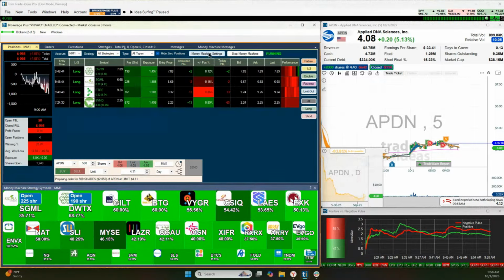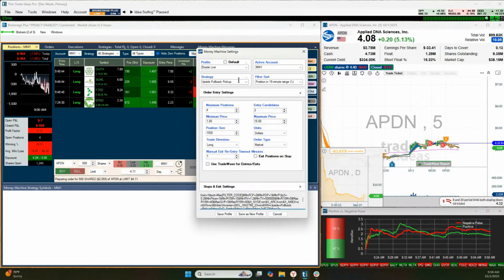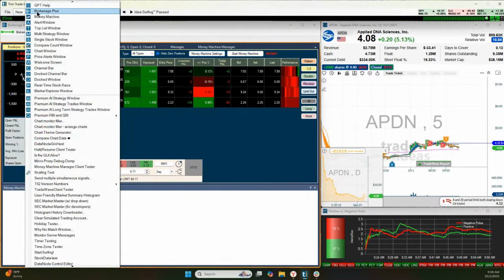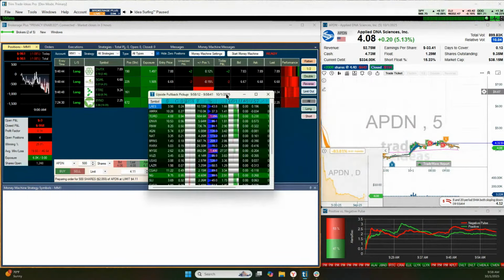Yes. So how do you copy the settings? I'm going to stop the money machine settings. You can go to any one of these, copy the collaborate link, and then go to news. And that's what it looks like.